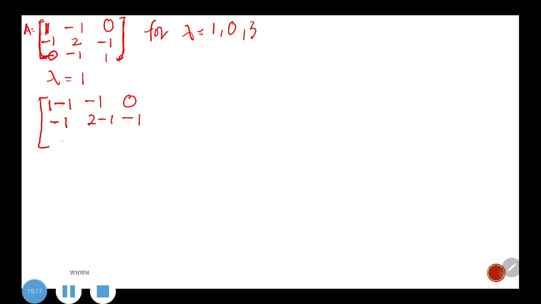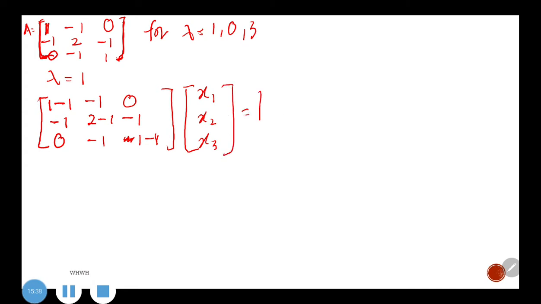Negative 1 and then 0, negative 1, 1 minus 1, right, 1 minus 1 because lambda equals to 1. Okay, and then this one maknanya sekarang ni kita ada x1, x2 and x3, and this one will be equals to 0, 0, 0, right?